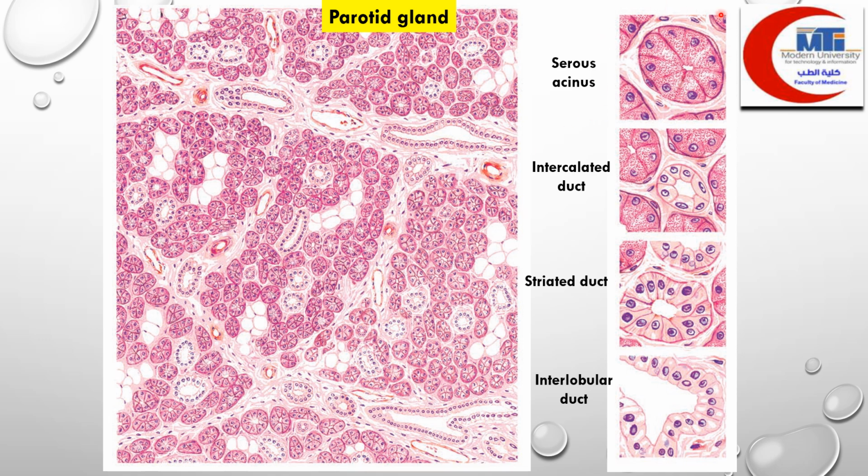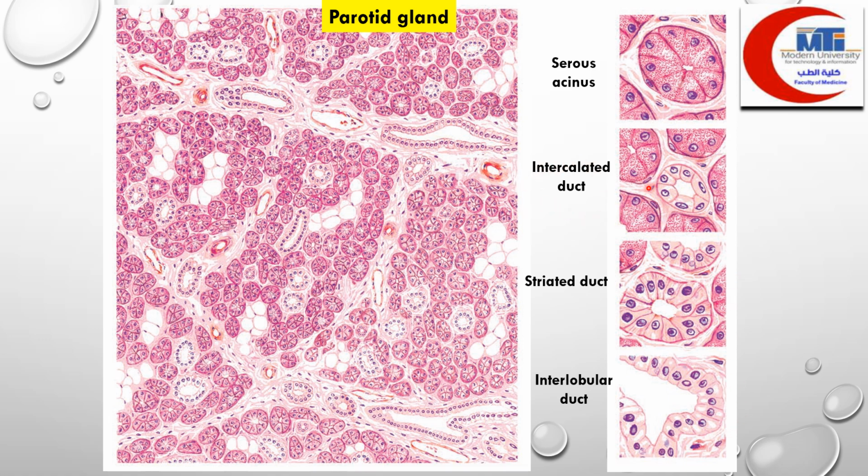In this photo, we see the serous acinus lined by serous cells, pyramidal in shape, with apical acidophilia and basal basophilia, and a rounded nucleus. Notice the lining epithelium in the duct system, starting with intercalated ducts.